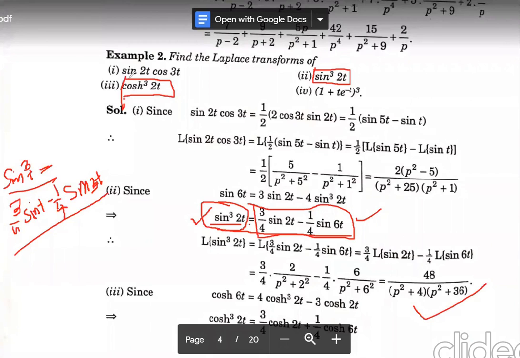Again, if you remember the hyperbolic functions that you have already covered.